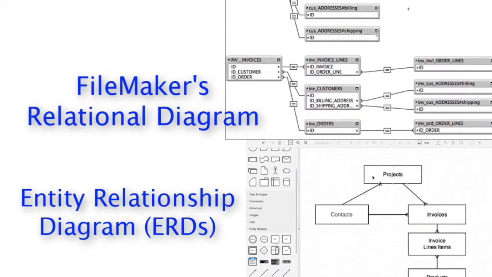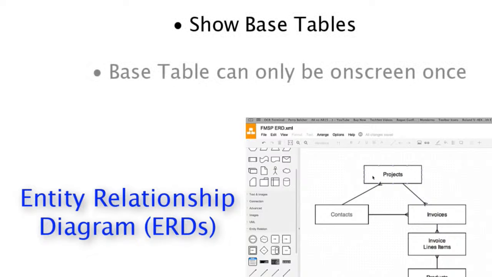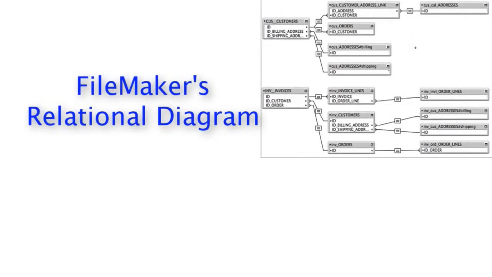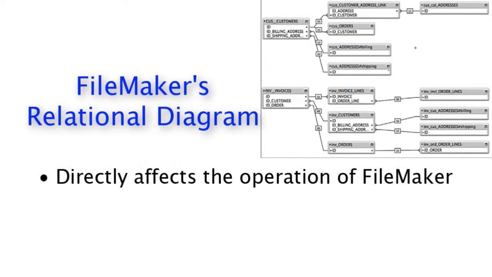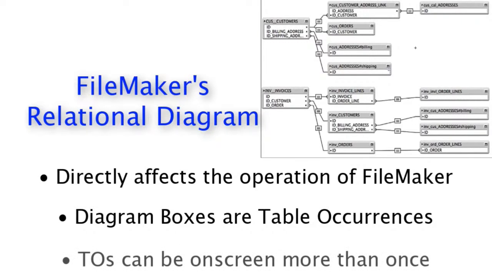They look similar, but they're very, very different. ERDs show base tables, and the base table can only be on screen once. The relational diagram is much more of a dynamic, active diagram because it directly affects the operation of FileMaker. The boxes that are on the relational diagram are table occurrences. It's an occurrence of a base table, and they can be on there more than once. But there cannot be any circular references.